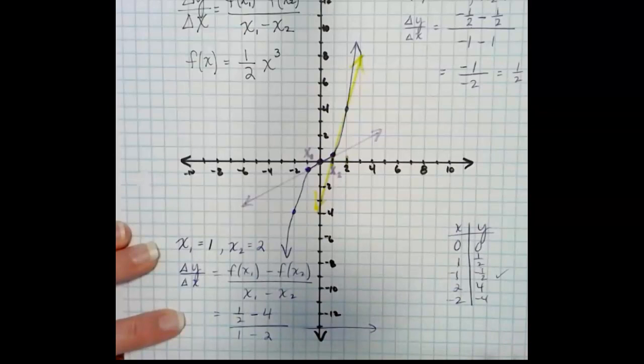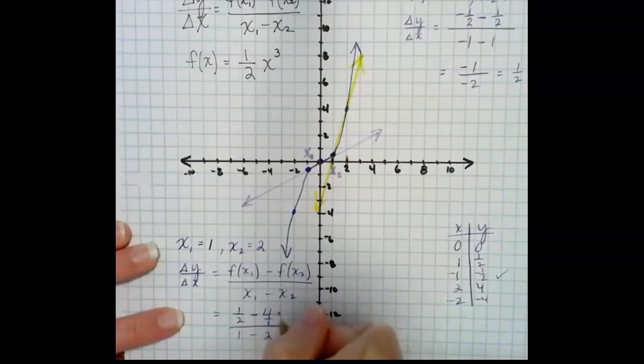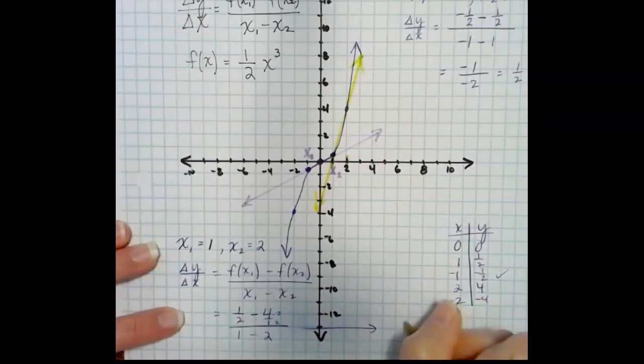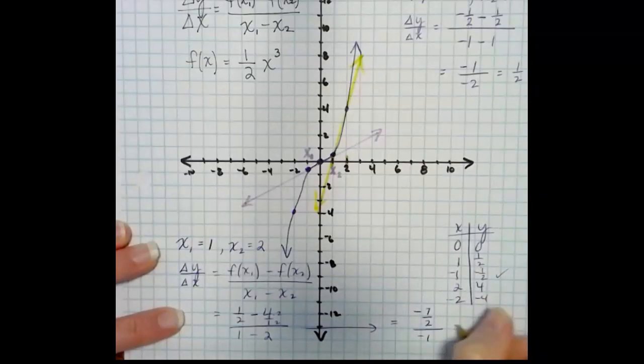I'll move this way. So 1/2 minus 4 is, we'll put that over 1 times 2 times 2. That is 1/2 minus 8/2. That is -7/2 over -1. So if we have -7/2 over -1, that's equal to 7/2.